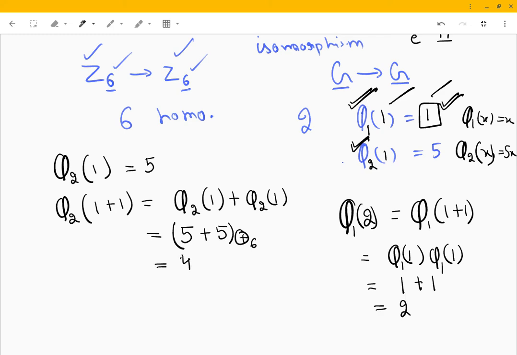So 2 is being mapped to 4. Similarly, phi of 3. Phi2 of 2 is 4. Phi2 of 3, we can write it as phi2 of 2 plus phi2 of 1.